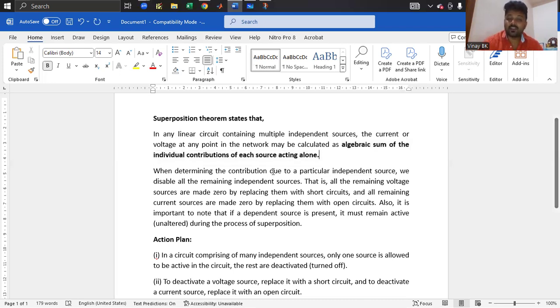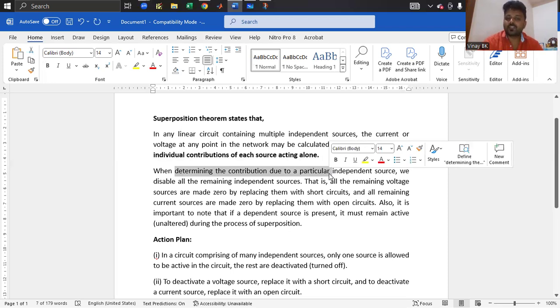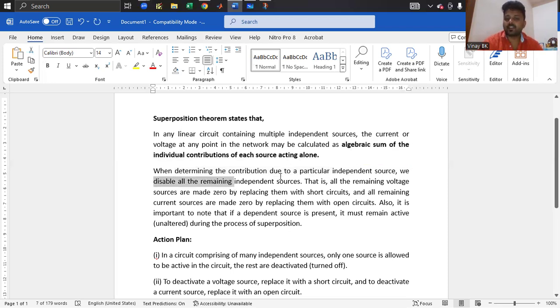When determining the contribution due to a particular independent source, we need to disable all remaining independent sources. We need to consider one source acting alone and disable the other remaining independent sources.